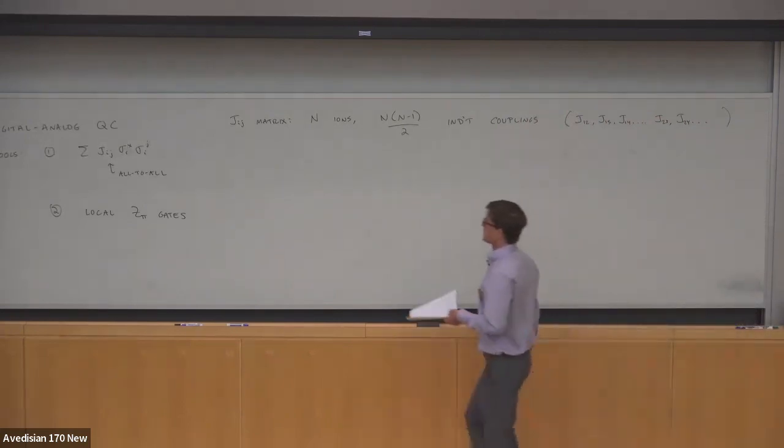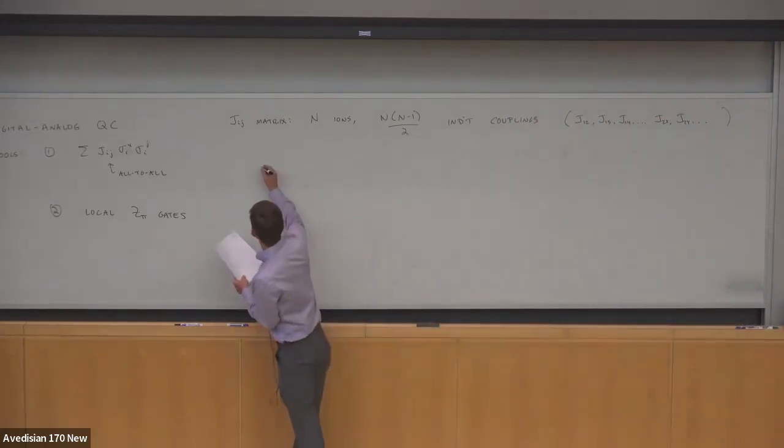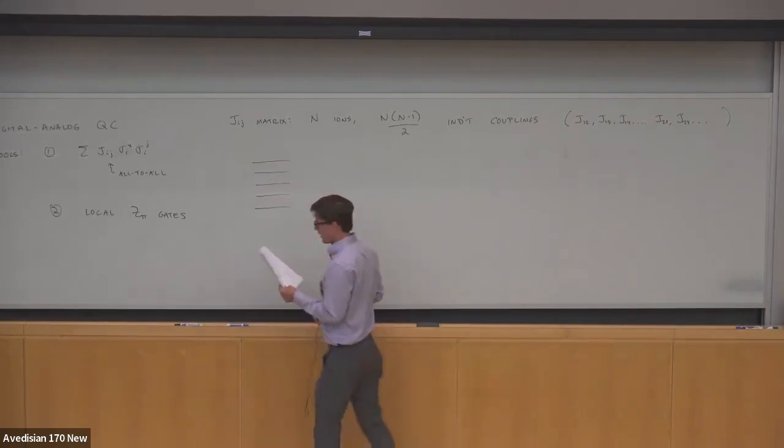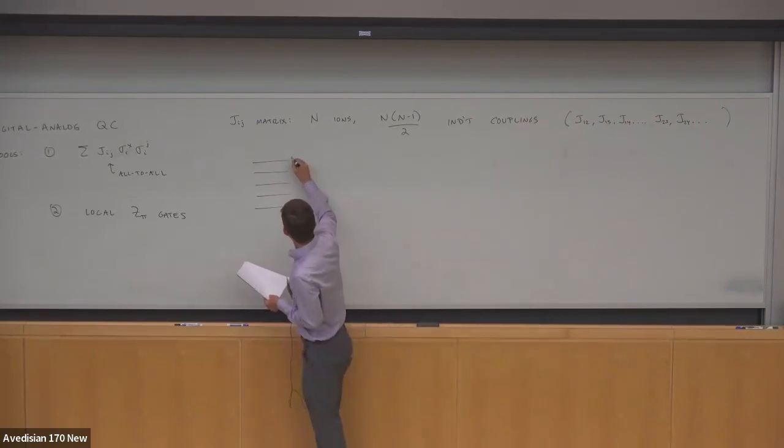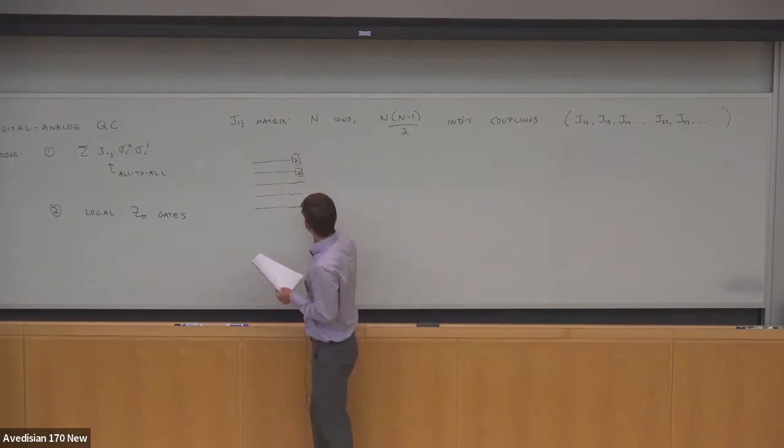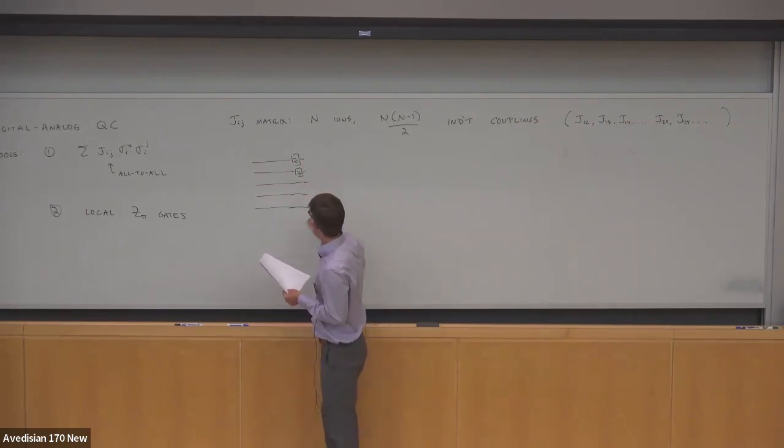The protocol for this digital-analog quantum computation is as follows. I'm going to draw this like a circuit model. You start with local Z rotations, let's say on qubits 1 and 2.